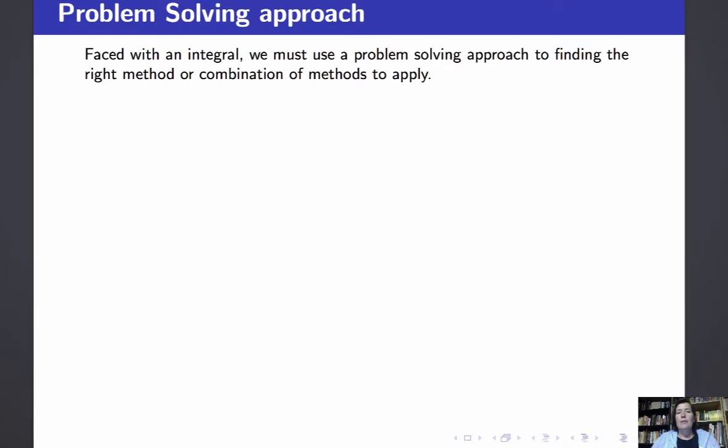Now, having said that, there are a lot of integrals where our methods just simply don't apply, and for those we have to find some estimate of the integral. So in the next section, we're going to look at ways of estimating integrals, which is something we've already studied a little bit in Calculus 1, and at the end of the course we're going to spend a lot of time approximating functions by polynomials, and then of course you can approximate the integral of these functions by the integral of a polynomial.